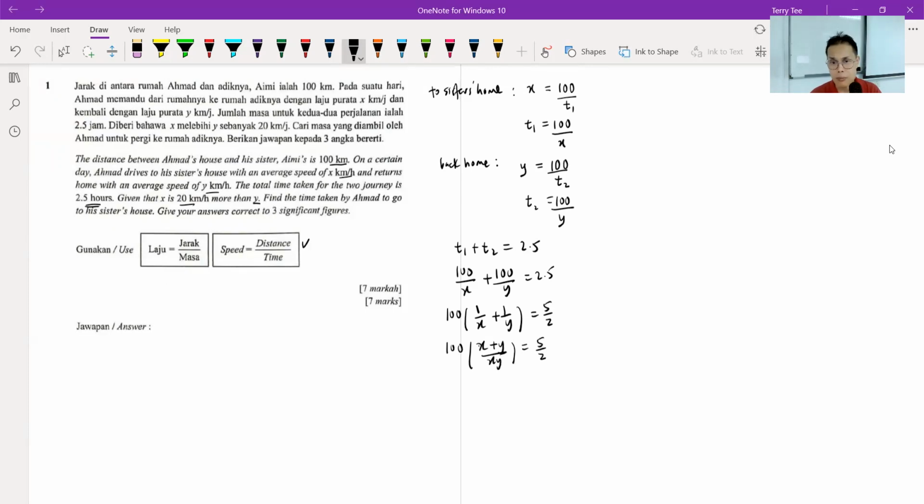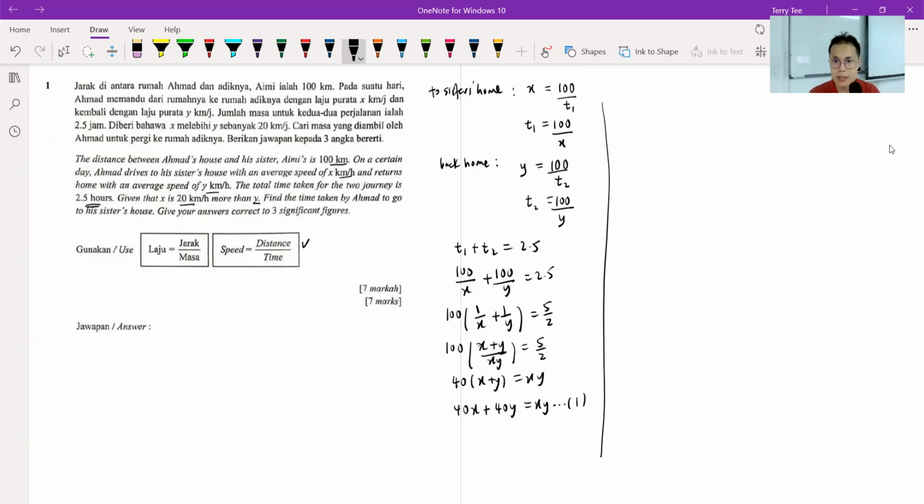Maybe I can take 100 divided by 5, which is 20. 20 times 2 is 40. So it's 40 times X plus Y equals XY. Maybe I just multiply inside: 40X plus 40Y equals XY. Now we're going to leave this out and call this equation number 1.